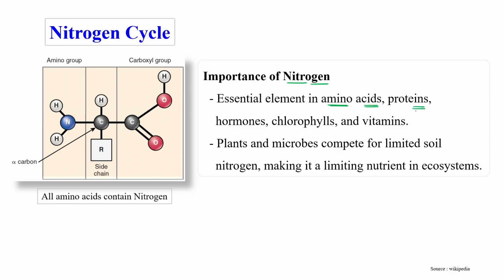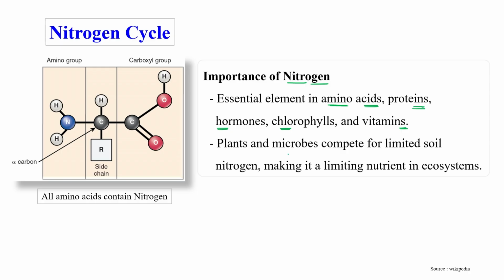Proteins are made up of amino acids, and most of the hormones are proteinaceous in nature, right? Most of the vitamins also contain nitrogen. Chlorophyll also has nitrogen, right? So that's why nitrogen is a very important element for the plant and also for the animals, right?